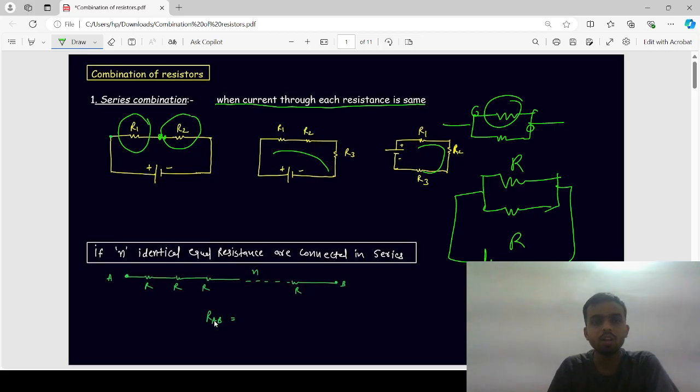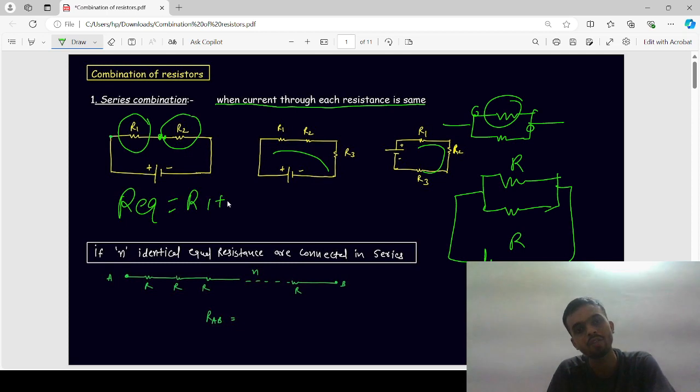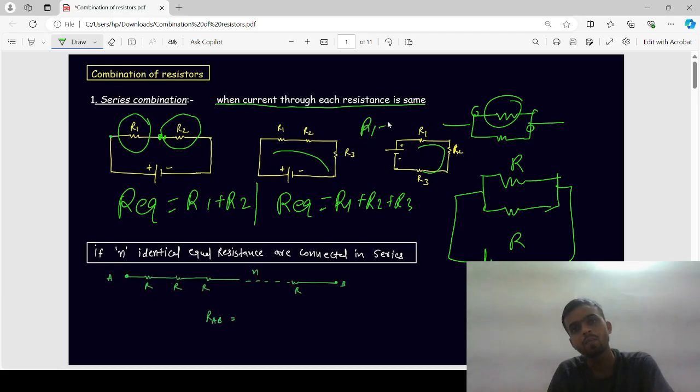From this law, we get the result that the net equivalent resistance of this circuit will be nothing but R1 plus R2. Similarly, in this circuit, R equivalent will be R1 plus R2 plus R3. And again in this circuit, it will be R1 plus R2 plus R3.